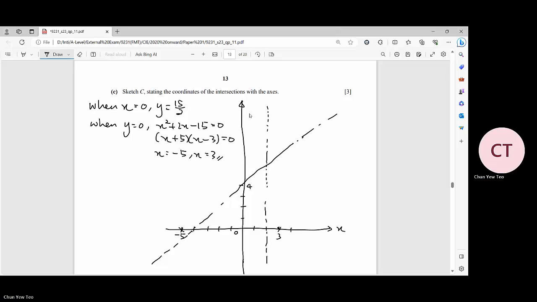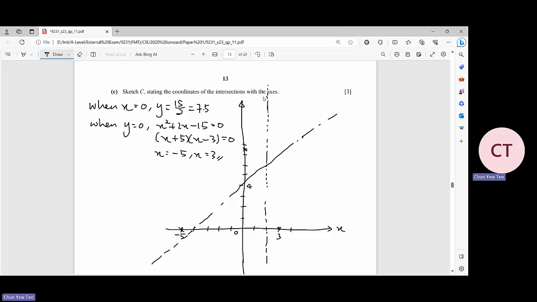So this one is 5, 6, 7, and 8. So this is 7.5, somewhere here between 7 and 8. So your graph will be like this. The graph will have a curve like this. Okay, so we need to draw properly.